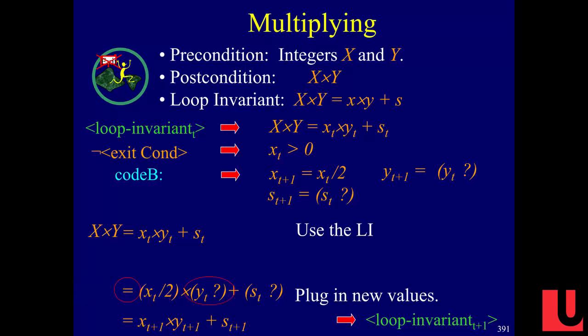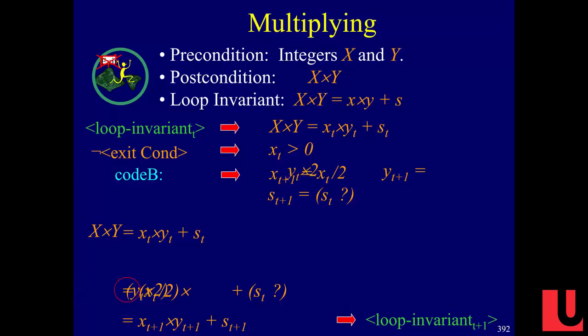What are we going to do? Multiply y by 2. That's pretty nice. x comes down by 2, y goes up by 2. Then what do we need s to be? s doesn't change. Everybody good?